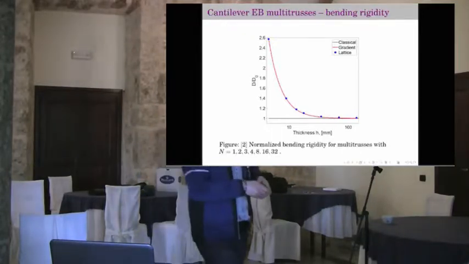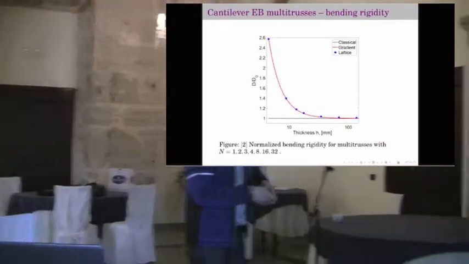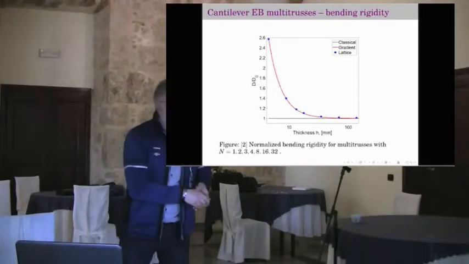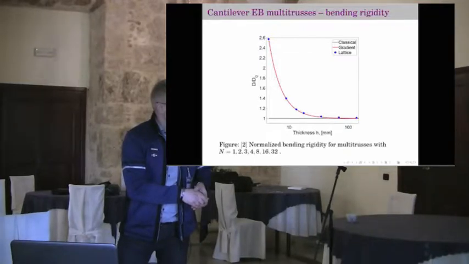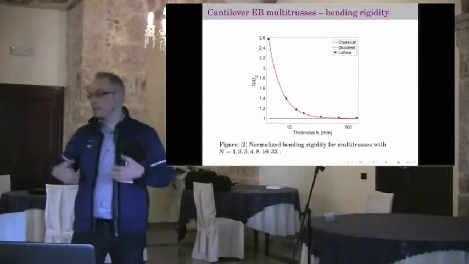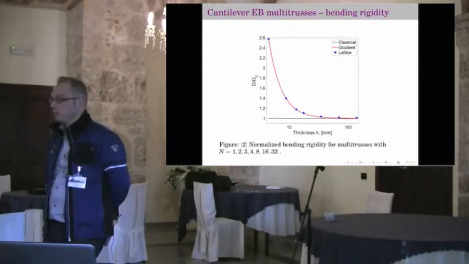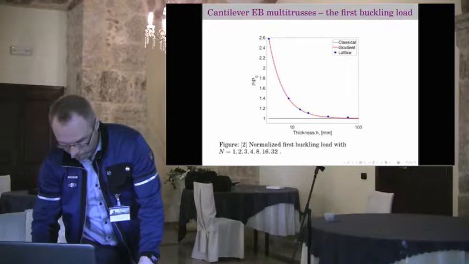So D0 is now the classical bending stiffness, so it's here. The classical Euler-Bernoulli beam would give this one. But you can see that the bottom one was here, even denser here, but the others are already deviating, so there is a stiffening effect. If you want to model them as a beam, you have to use a generalized beam model.